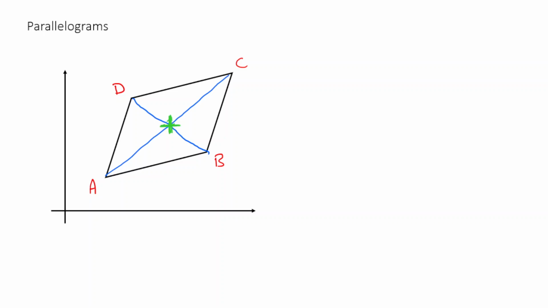Now, that point is both the midpoint of the line AC, but it is also the midpoint of the line BD. So actually, those two lines share a common midpoint there.